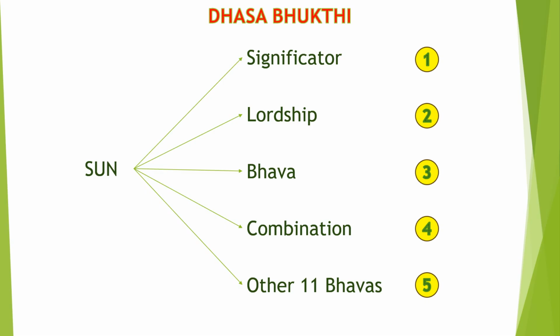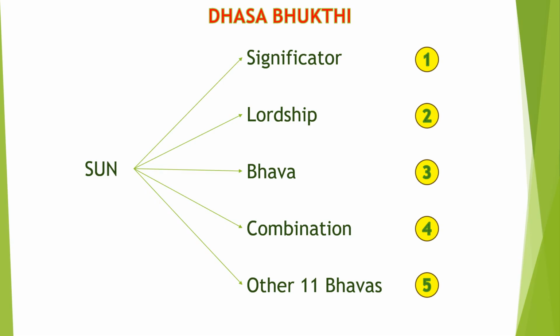And if the Saturn's lordship is also bad, then it will be affecting that native more. So if instead of Saturn, if it is Jupiter in that place, then that will benefit the father.